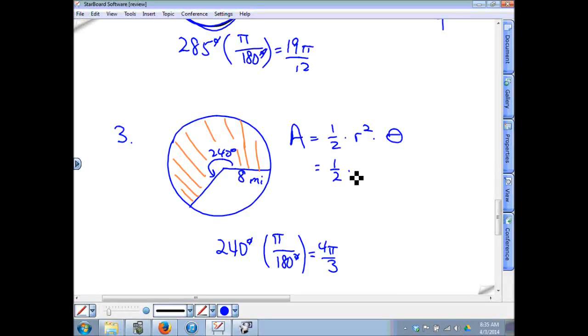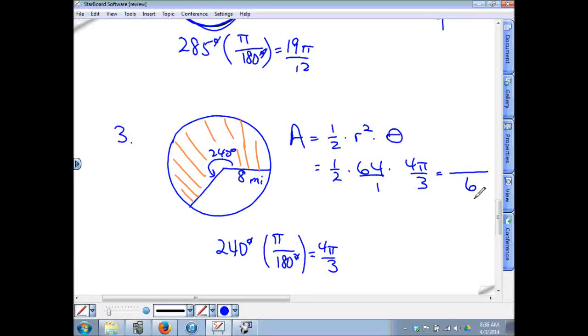Now use the formula, 1/2 times radius squared. That's 64 times the angle, 4 pi over 3. I would now change everything into fractions and multiply everything straight across. In the denominator, you're going to have a 6, because 2 times 1 times 3 is 6.